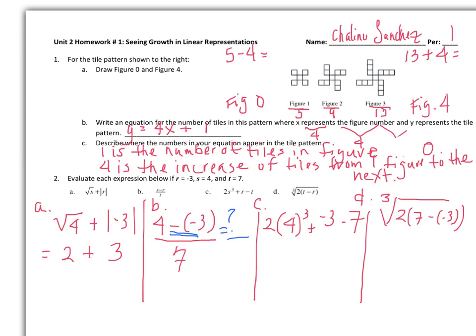You'll notice I put the parentheses around my -3 because I want to make sure I remember that I am subtracting a negative. What happens when I subtract a negative? Also, remember PEMDAS, which means I have to do what's in here first, then I multiply by 2. And then and only then do I get the cube root of that number.